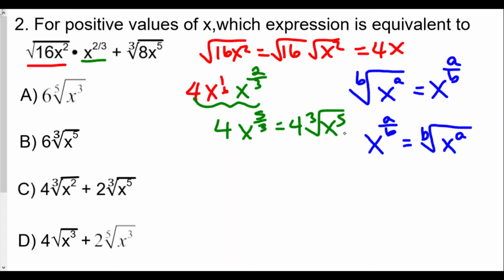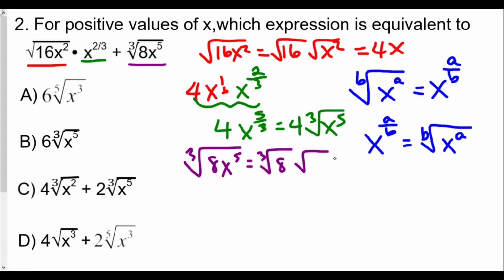You might be asking why we are changing this. You'll notice that all the answers have radicals, so we want to change our exponential form into radical form. Now we're going to evaluate the cube root of 8x to the 5th. This can be expressed as the cube root of 8 times the cube root of x to the 5th.